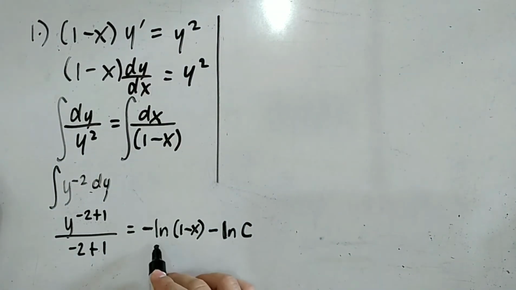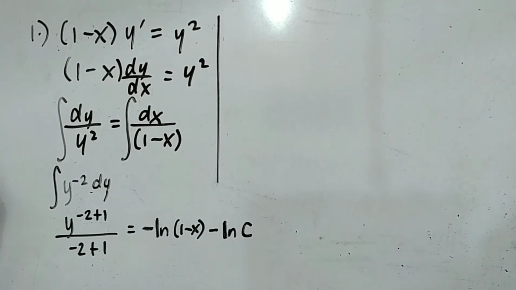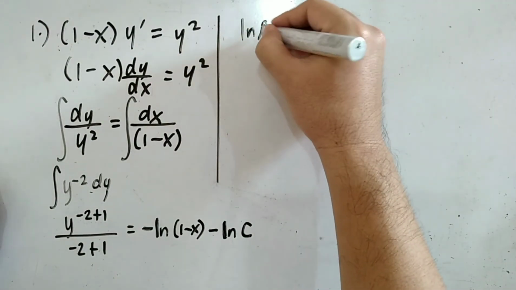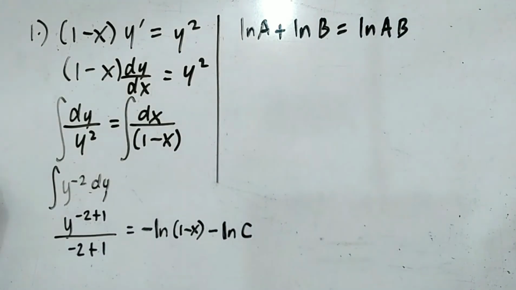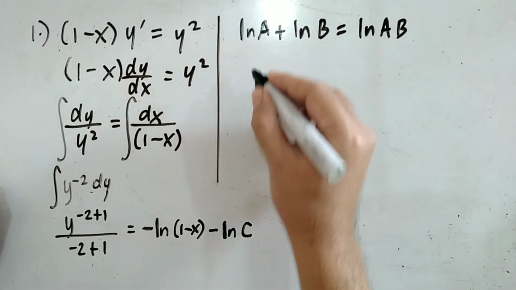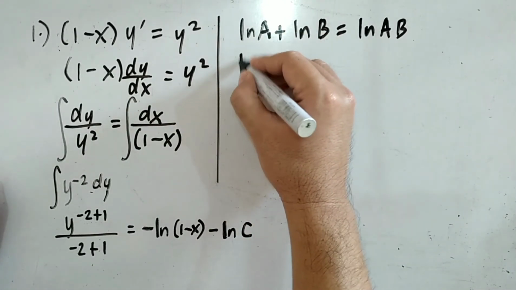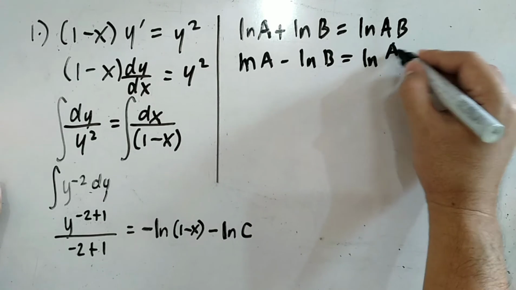I will apply the principles of natural logarithm. If you recall, there is a principle for natural logarithm which states that ln of a plus ln of b is equal to ln of a times b. The other principle for natural logarithm is ln of a minus ln of b is equal to ln of a over b.